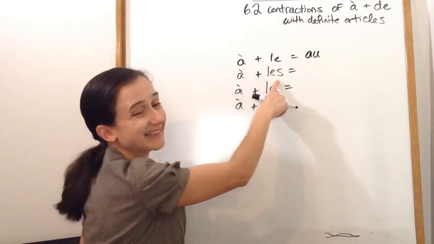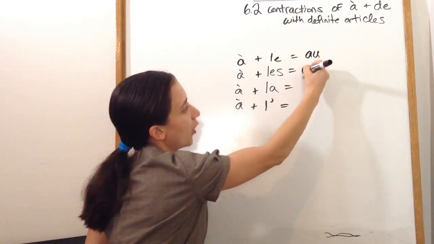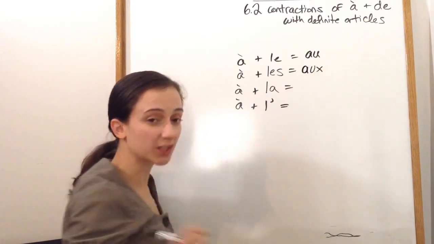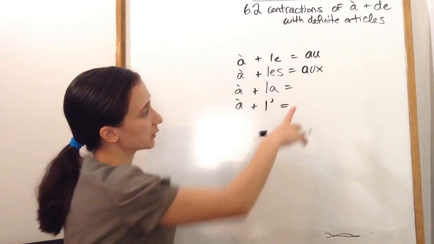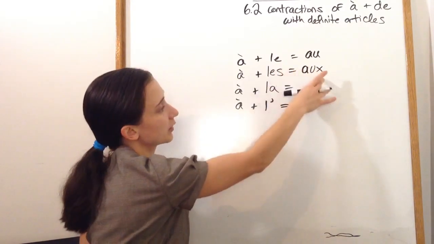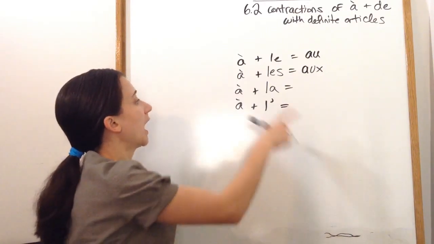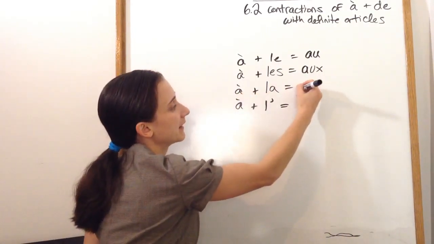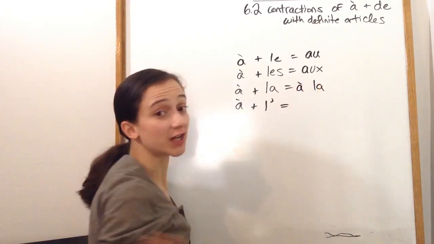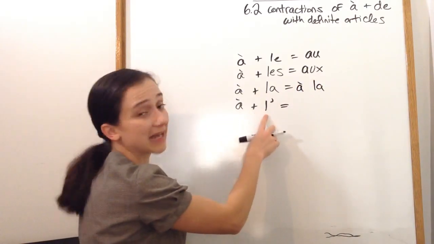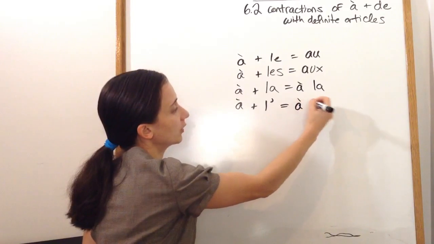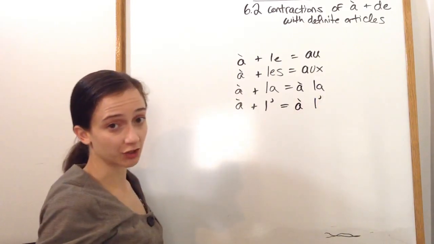A plus les equals aux. You still pronounce it like the letter O. This one just ends in an X. Remember, S or X represent plural nouns very often. A plus la, this is why I put this at the bottom, doesn't change. A plus apostrophe also doesn't change.